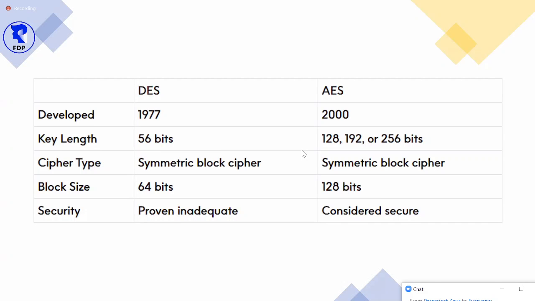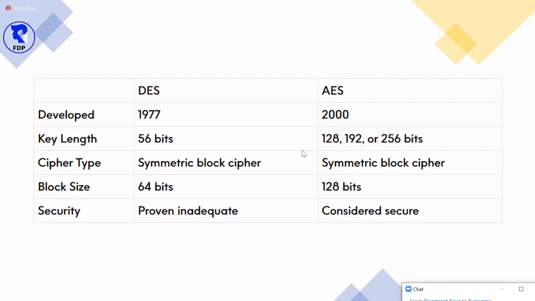It is a symmetric block cipher. It has a block size of at least 128 bits, and it has other variations also of 192 and 256 bits. So AES 256 is, I believe, very strong as well as very popular these days. When I say popular, if you look at how Amazon Web Services encrypt data at rest in the cloud, right?